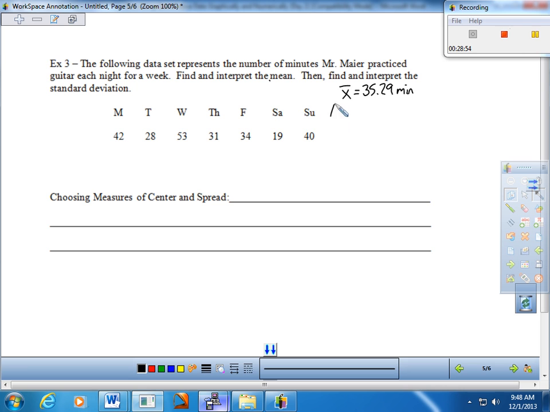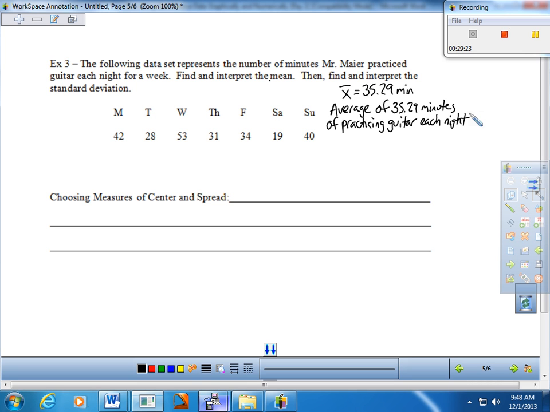So however you want to write this, you're more than welcome to, but this would be the average of 35.29 minutes of practicing guitar each night. Okay, so measurement of the center, sort of a typical value. That looks great. Mean would work very nicely here.